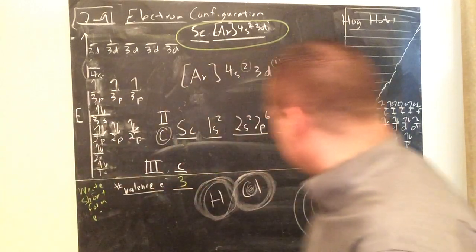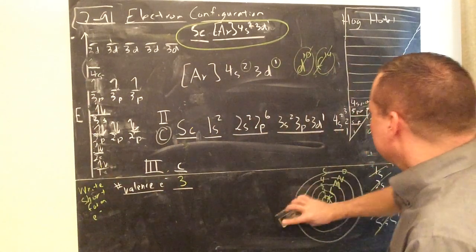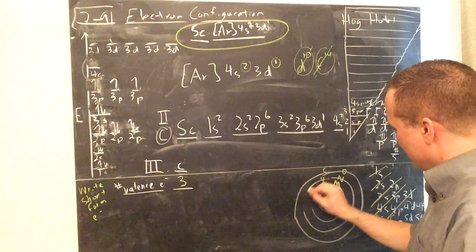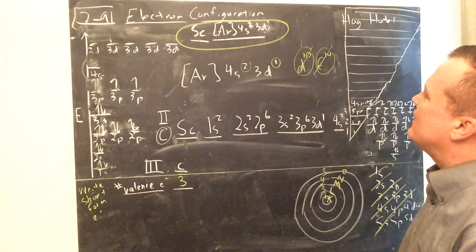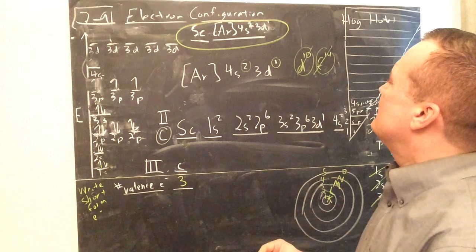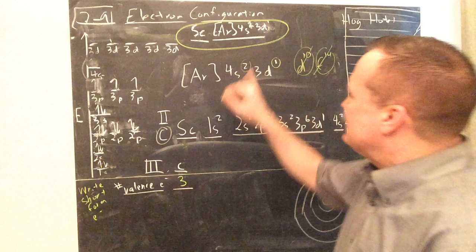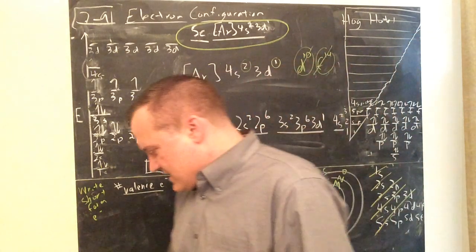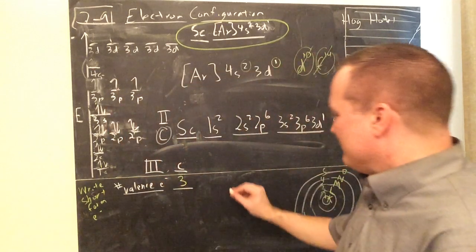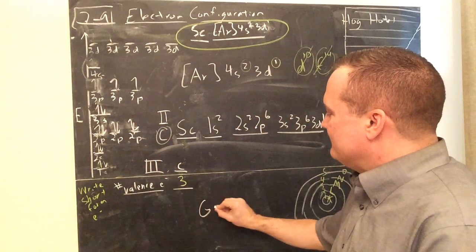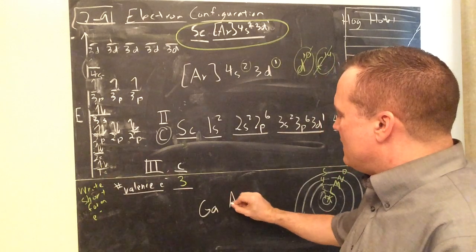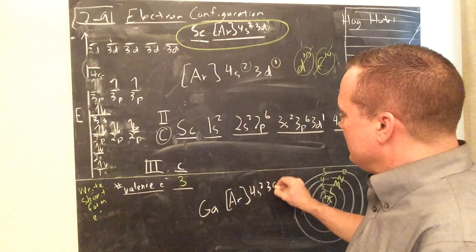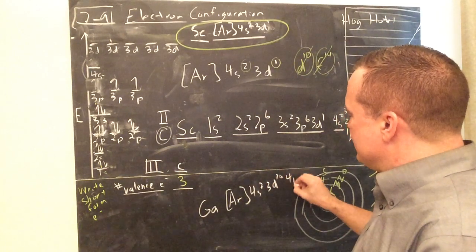Now, let me show you another example. Let me pick an element like gallium. Gallium would be argon 4s2 3d10, then 4p1.